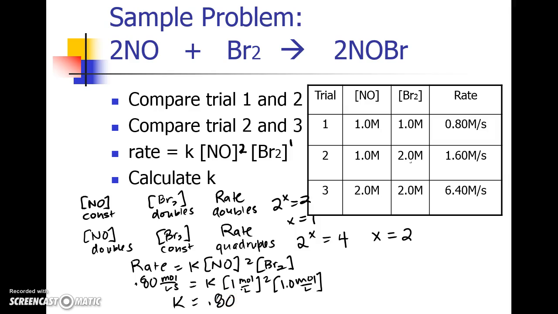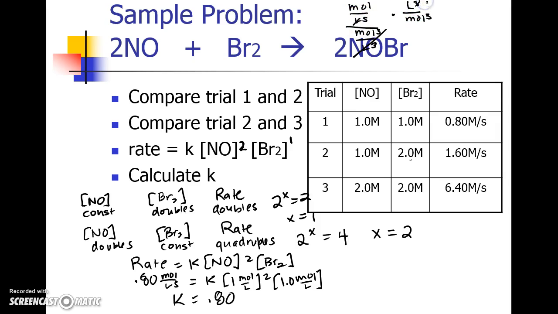To figure out my units, again, I'll just do it up here because I'm running out of room. I have moles per liter second divided by moles cubed over liters cubed. I'm going to multiply by the inverse, liters cubed and moles cubed, which makes that go away. I lose 1 liter, and I bring that down to 2.